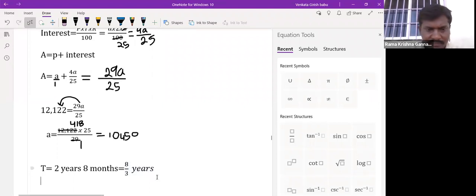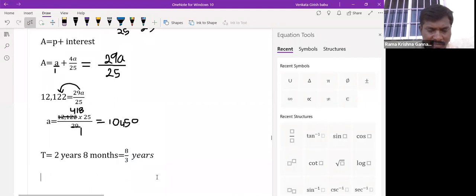Next, what is the R value? R value is 9%.